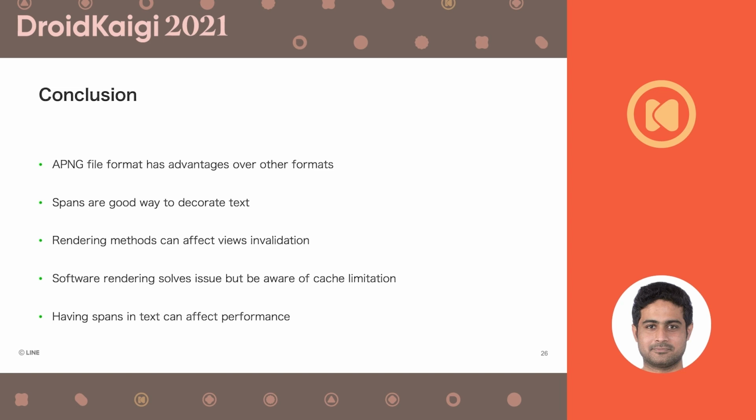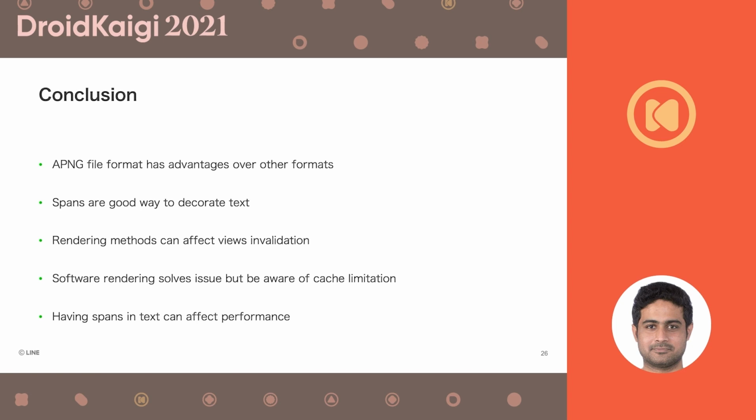So far we have discussed the implementation and the problems that we face, and here I'm going to summarize all of it. APNGs are a better format than other formats. They support more colors and good transparency, and spans are a good way to decorate text, and we can use spans to display images or animation emojis in our text.